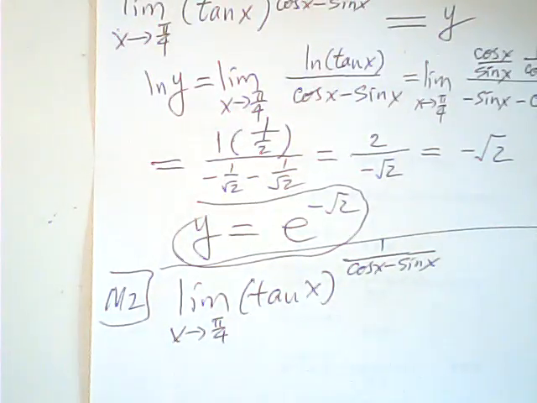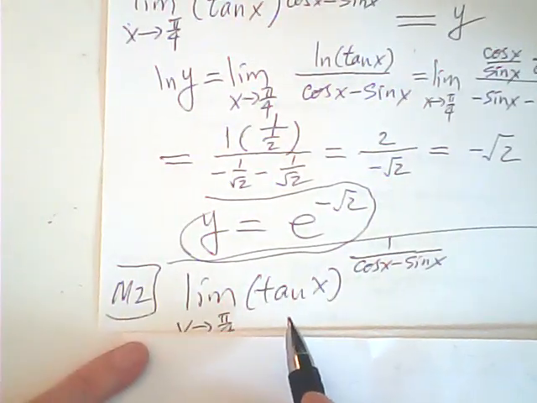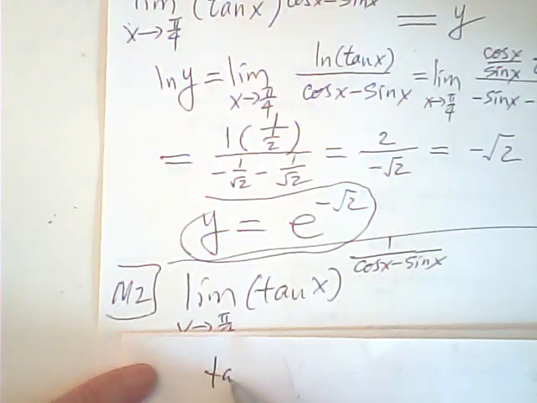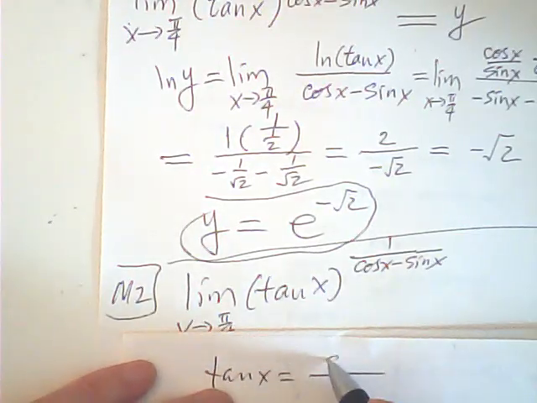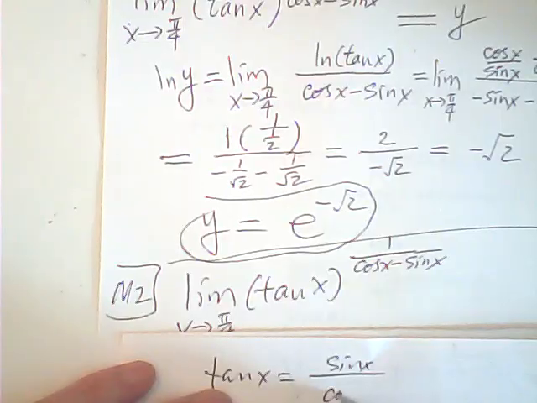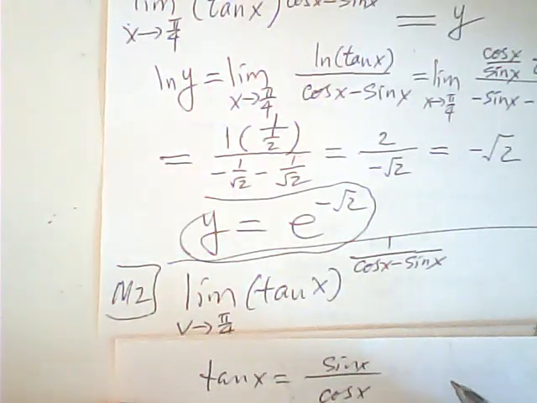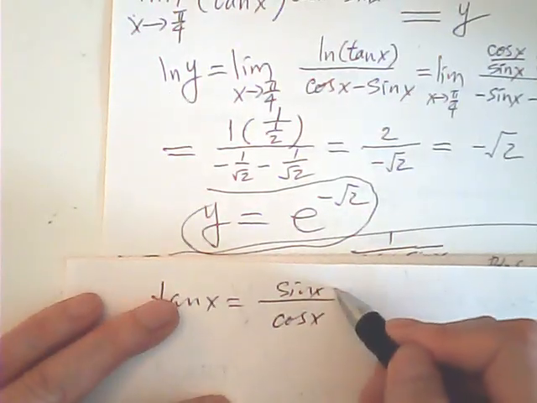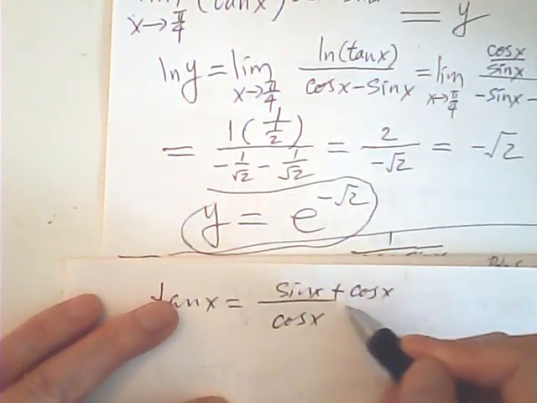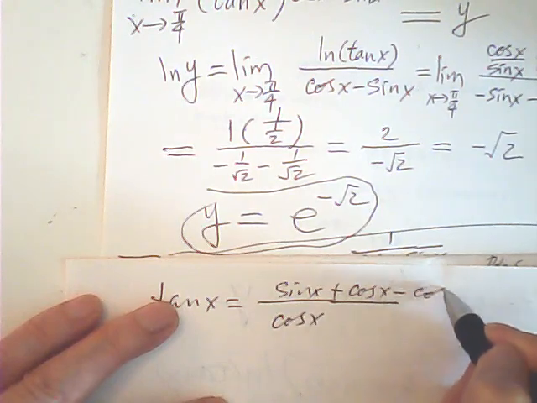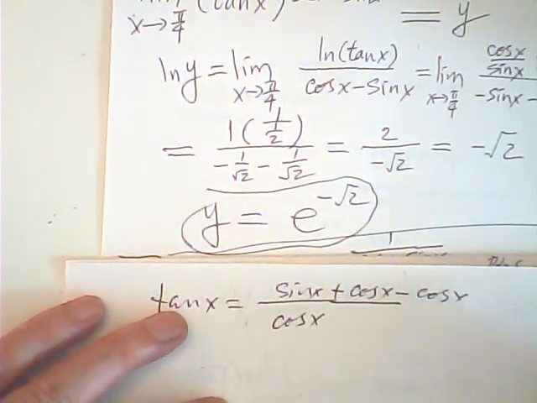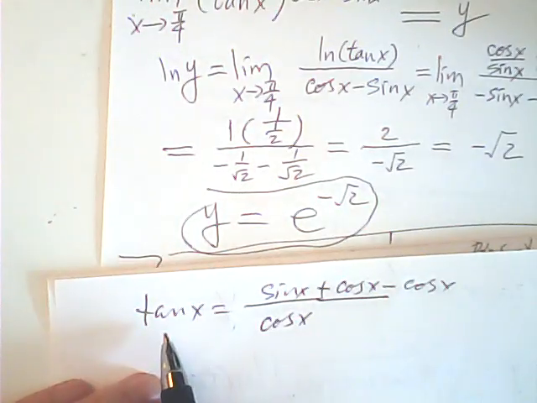So I must create this kind of form, right? Now, how? Tangent is sine over cosine, right? And plus cosine minus cosine. That will be still the same, right?